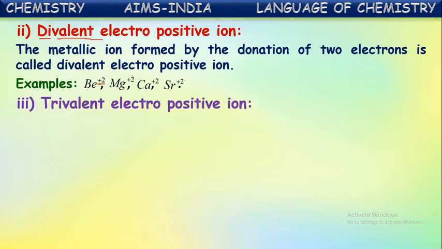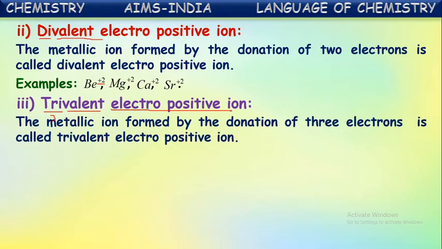Next, trivalent. Tri means what? Tri means 3. Trivalent electropositive ions are the metallic ions formed by the donation or loss of 3 electrons.